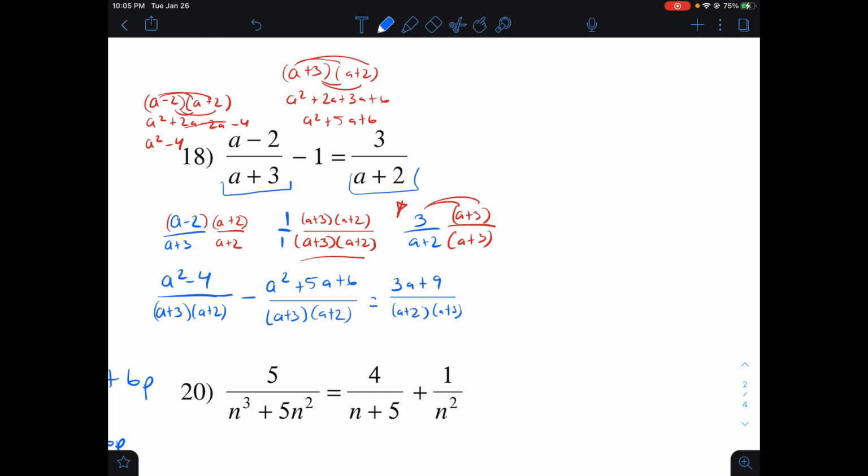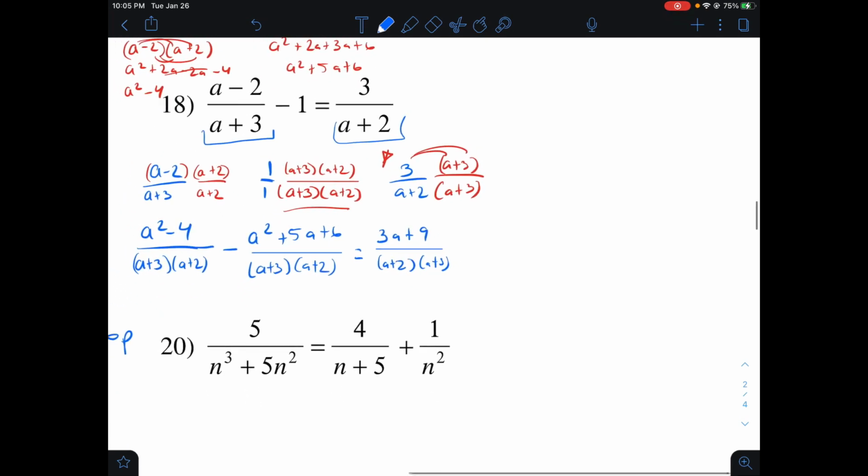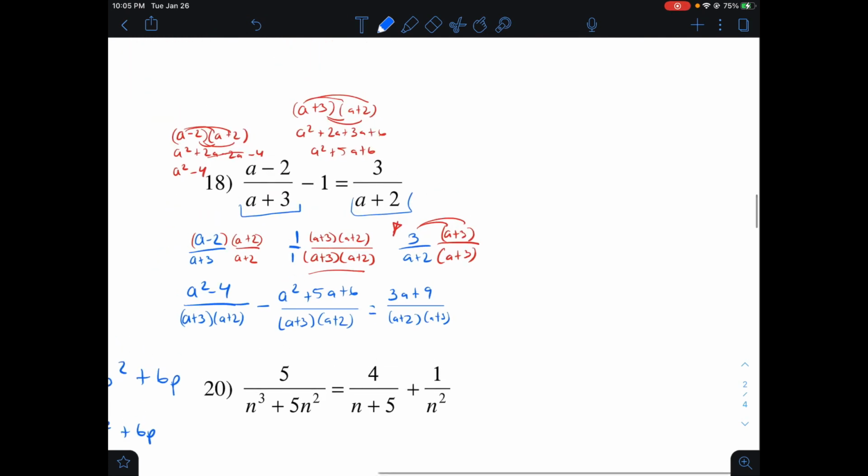We can now drop out our denominator. We'll rewrite this: we've got a squared minus 4 first. Then, remember, this is subtraction, so we have to distribute this negative.